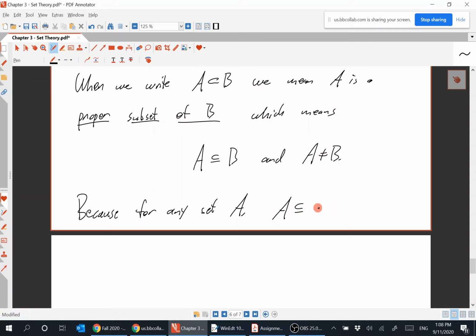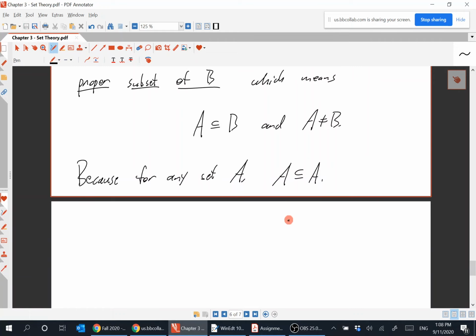It's just not a proper subset. When two sets are equal, this is a true statement: if x is an element of A, then x is an element of A. That's true.